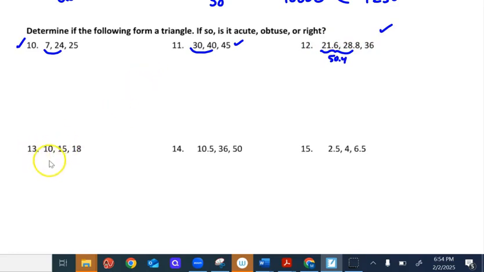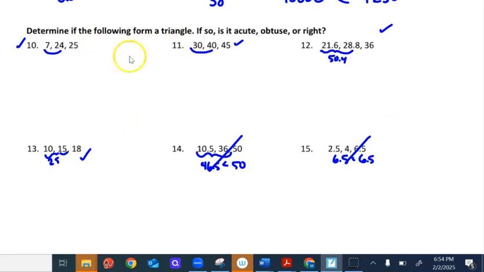10 plus 15, 25 is greater than 18. These two, 46.5, no. That is less than the largest side, so that is not a triangle. This would be 6.5 exactly, so 6.5 is equal to 6.5, so that is not a triangle.